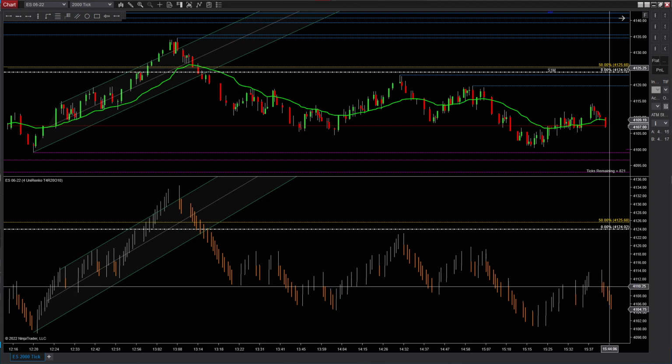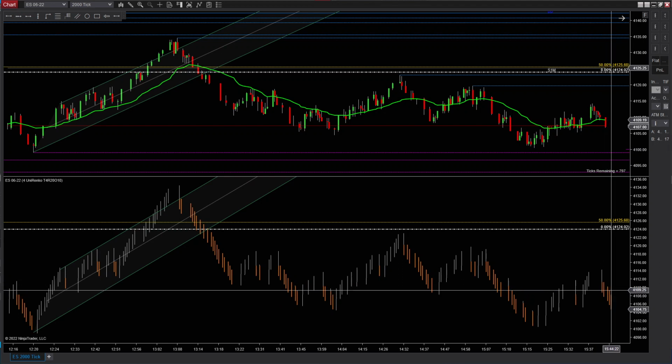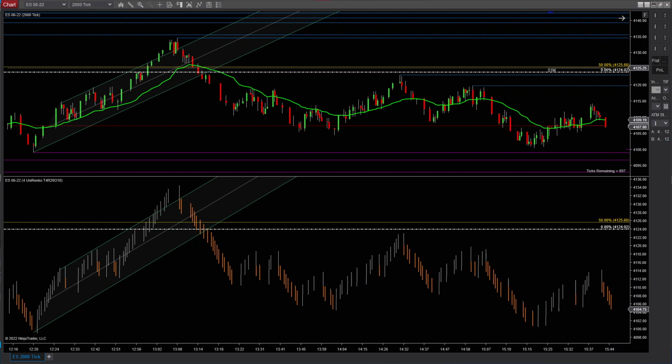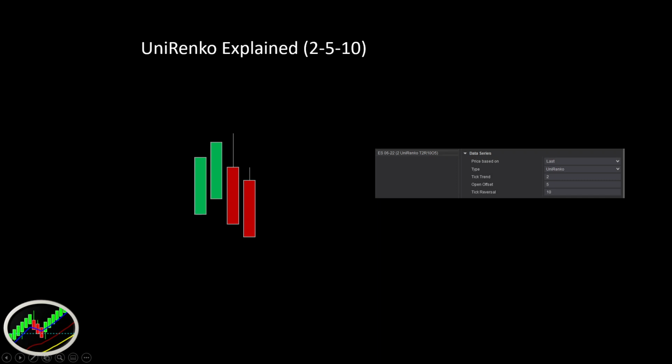So what the Renko chart is doing is painting bars based on a set size. Let me show this one.